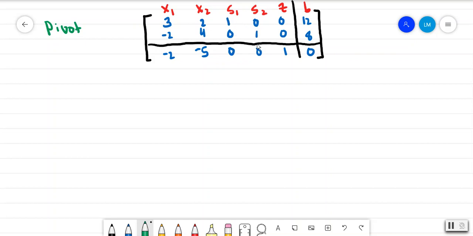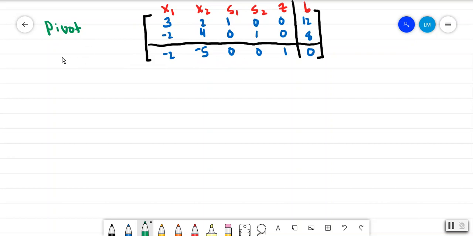Over here, you have a non-zero constant followed by a 0 above or below. Now we need to find our pivots and then find the optimal solution.